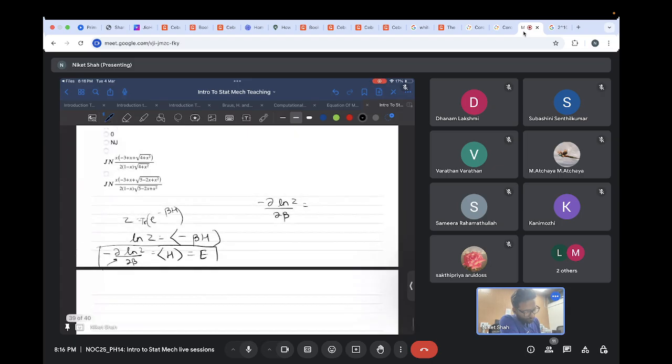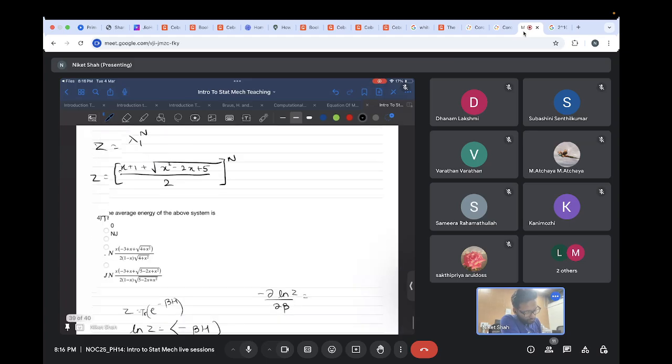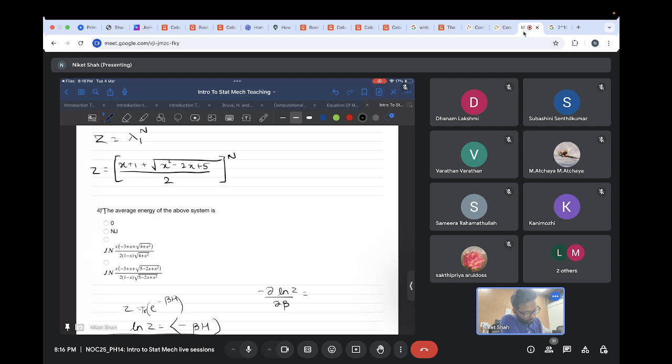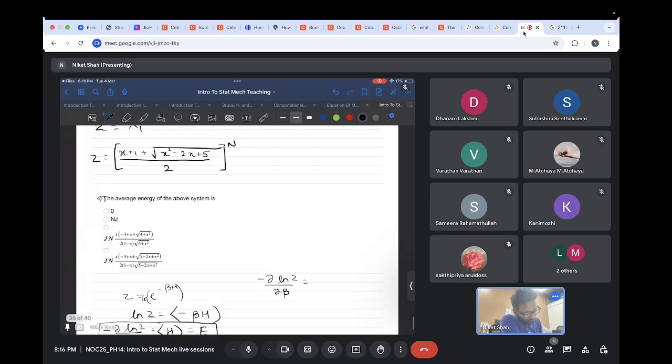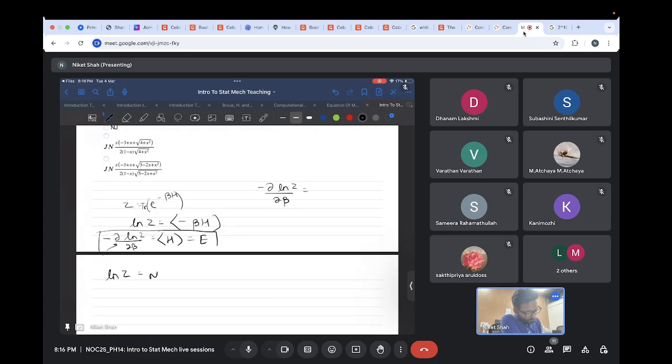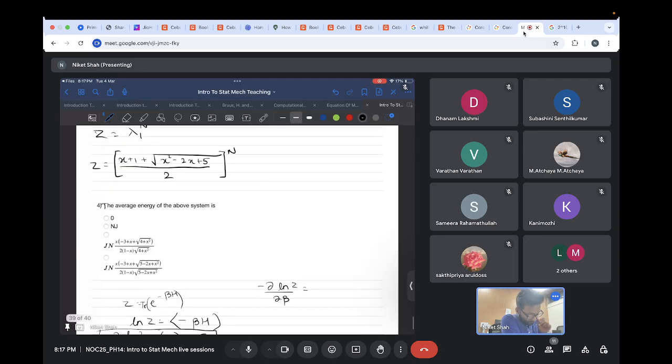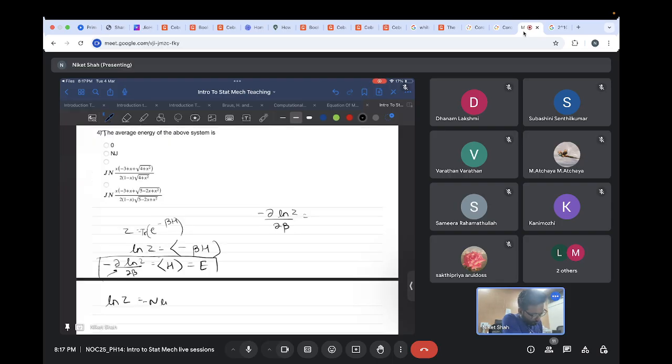Okay. So what is ln Z first? I'm basically taking out the denominator separately.